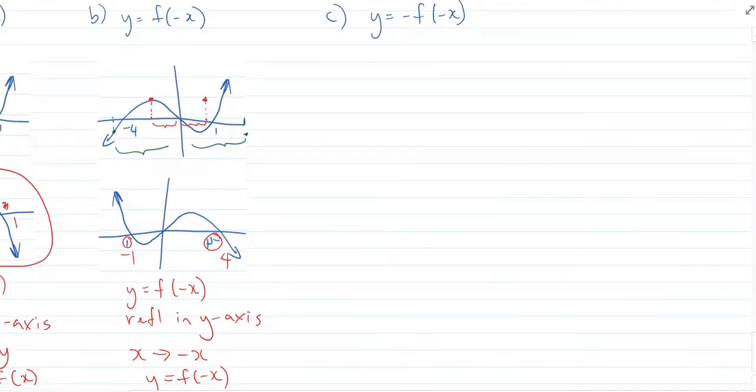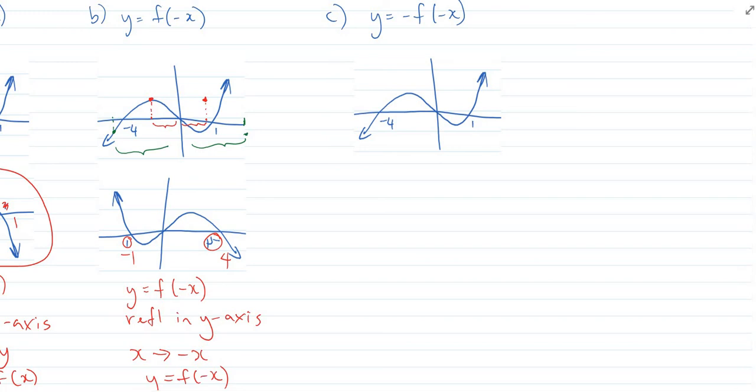Now we're asked to do a double whammy, negative f of negative x. So we draw our graph. It doesn't matter which order you do. Actually, what we'll do is a reflection in the x-axis, followed by a reflection in the y-axis.